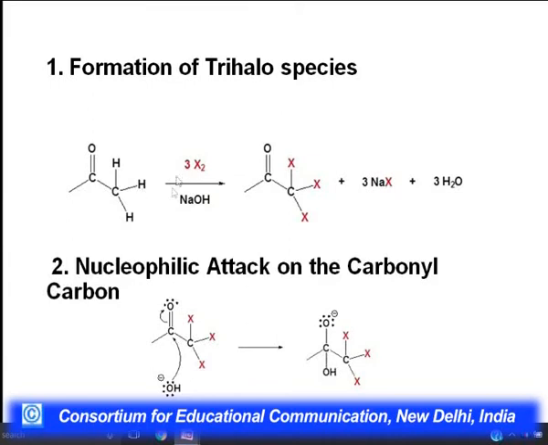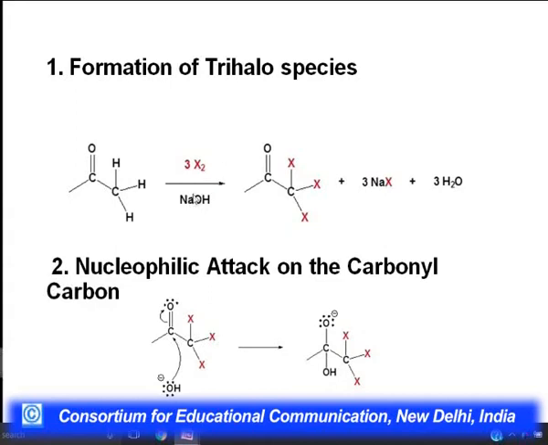I also told you we are using 4 molecules of NaOH. So when we are using 4 molecules of NaOH, this carbon is reacting with one bromine, which is one atom of halogen acting as an electrophile, and the second atom, as I told you, was given off as X minus.